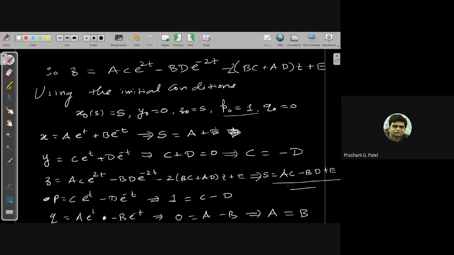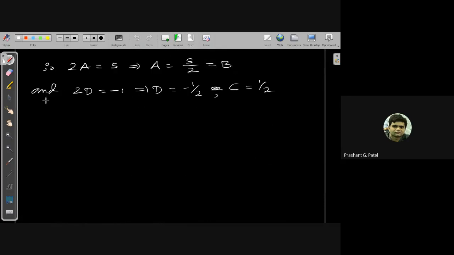Now using star, you will have AC minus BD plus E is equal to S, which we already have.